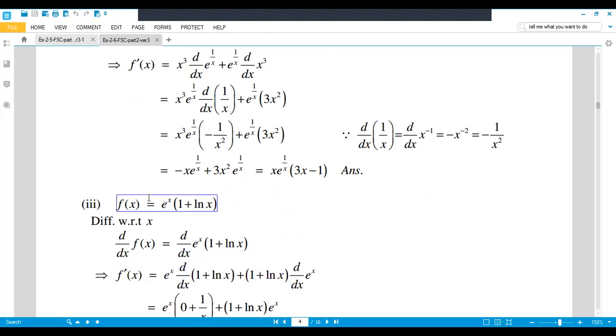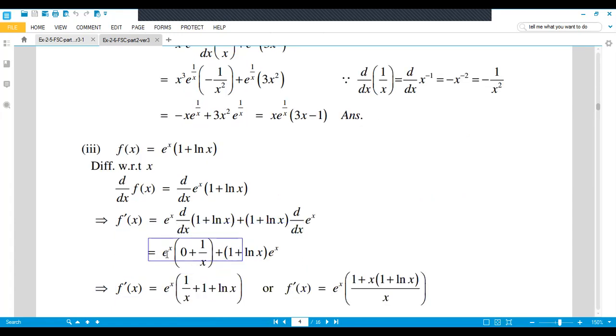Now again, if you check function number 3, it is again given in the form of multiplication. Both functions are in the form of a product. So what will you do? You apply the product rule. The first term as it is, derivative of the second term, plus second term as it is, derivative of the first term. So the first term you copy as it is.